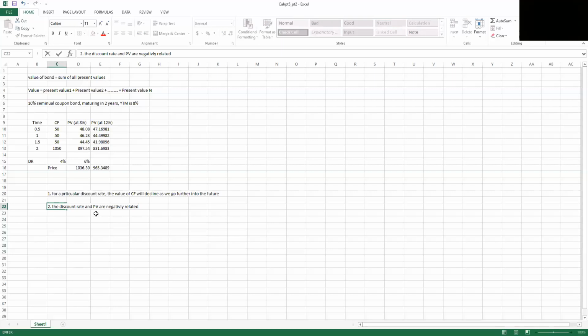Finally, remember the rule of thumb you have studied in IBA, how to figure out whether a bond will be selling at a premium or at a discount. We discussed that when the coupon rate is equal to the YTM, or we can say the discount rate, the price will be equal to par value.